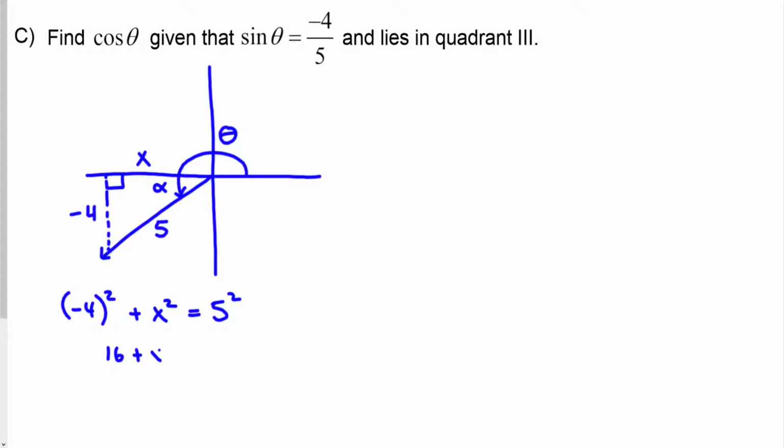So 16 plus x squared equals 25, or x squared equals 9, so that x is either positive or -3. It just kind of depends on the quadrant that I'm in. So being in quadrant 3, x has to be less than 0, so -3. So cosine of this angle measure is going to be -3/5.